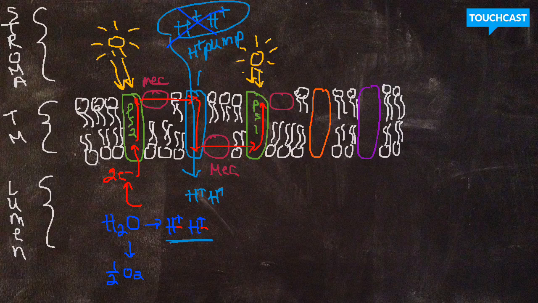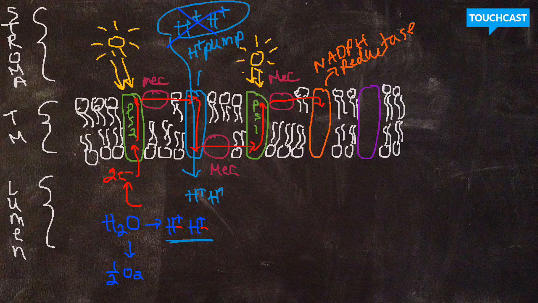Now that energy from the electrons is going to be used one last time, so our final mobile electron carrier is going to move the electrons over and into the final enzyme for the use of the electrons, and that is called NADPH reductase.